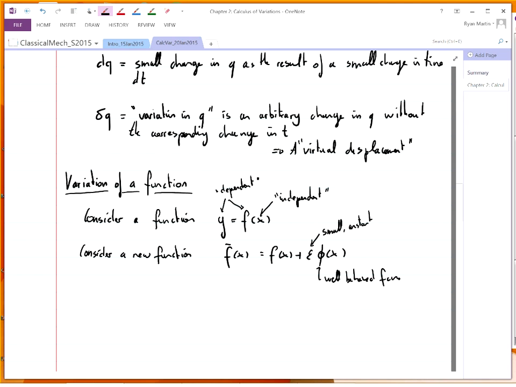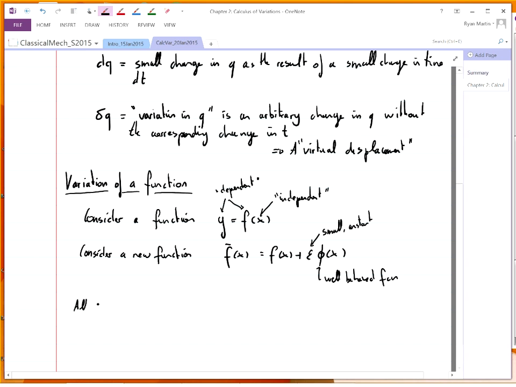So I'm a physicist, I'm not a mathematician. But if I were a mathematician, I would tell you that everything we're doing here is over an interval in x, where f is continuous and differentiable. That's what I mean by well-behaved. And phi of x is also continuous and differentiable. Okay?